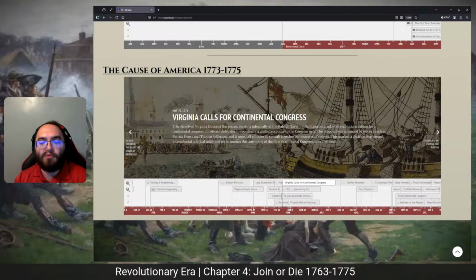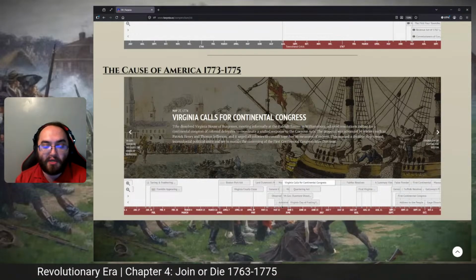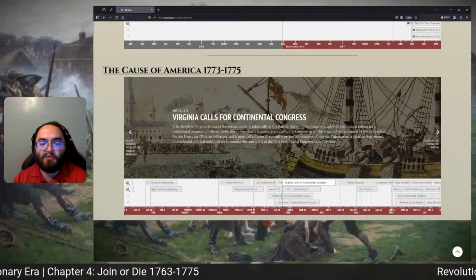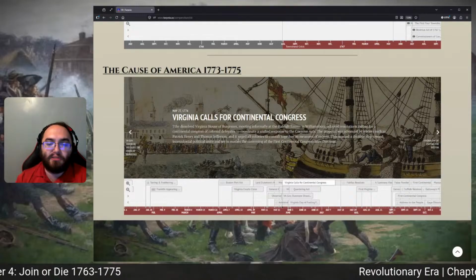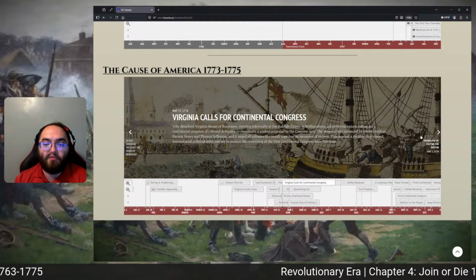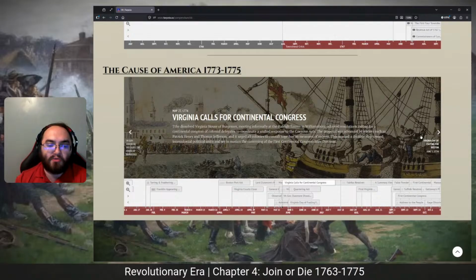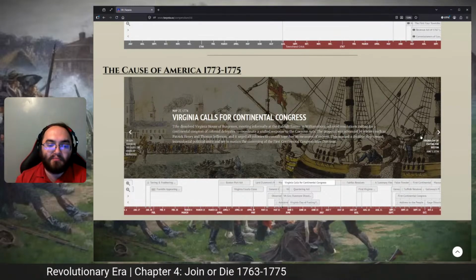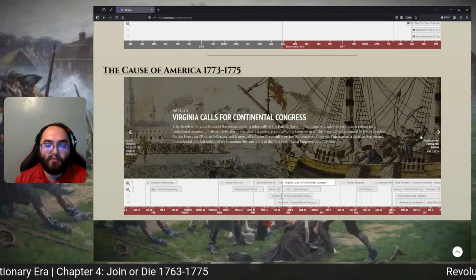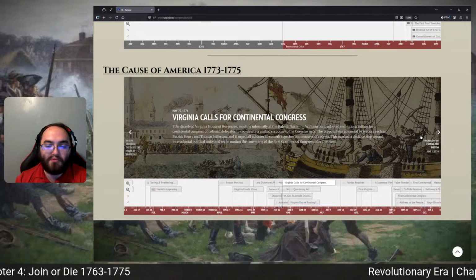The proposal was advanced by leaders such as Patrick Henry and Thomas Jefferson, and it urged all colonies to consult together on measures of readiness. This marked a decisive step toward intercolonial political unity and set in motion the convening of the First Continental Congress later that year.